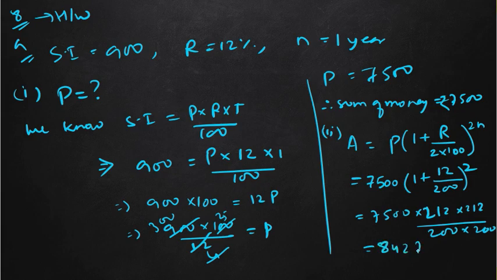After solving, we will get 8427. So this is the amount. Therefore compound interest will be amount minus principal. Amount is 8427 minus principal 7500. If we solve, this value will be 927. So in this way we can calculate this. Clear?